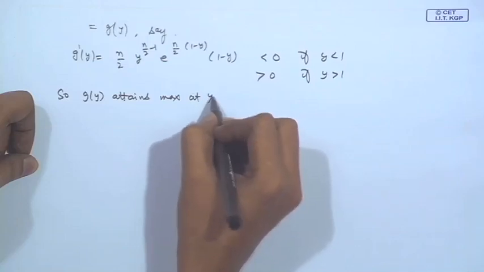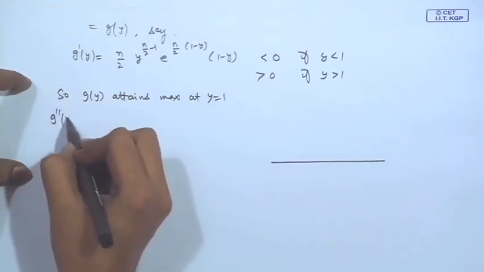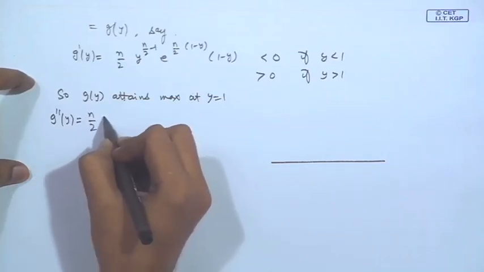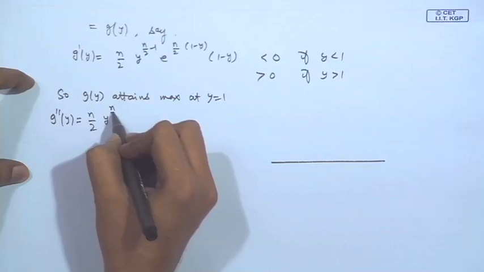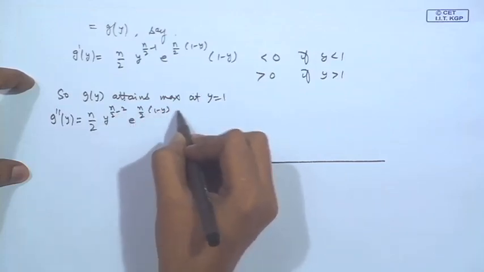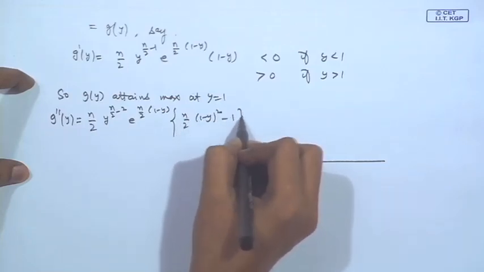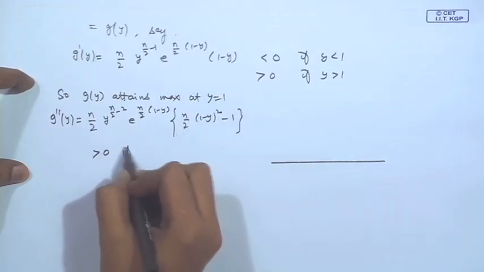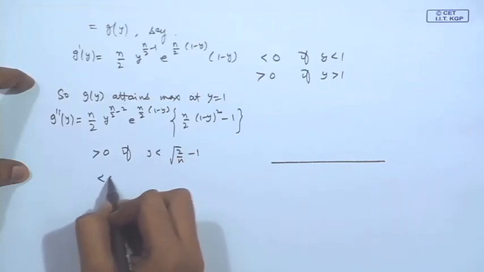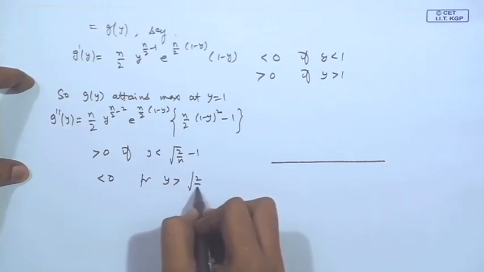So, g y attains maximum at y equal to 1, and we can also see the behavior from g double prime y. G double prime y is n by 2 y to the power n by 2 minus 2 e to the power n by 2 into (n by 2 (1 minus y) square minus 1), that is greater than 0 if y is less than root (2 by n) minus 1... it is less than 0 for y greater than root (2 by n) plus 1.